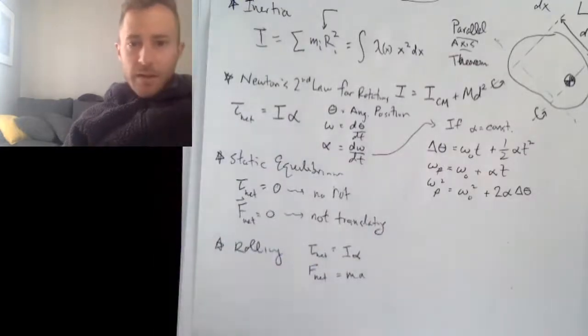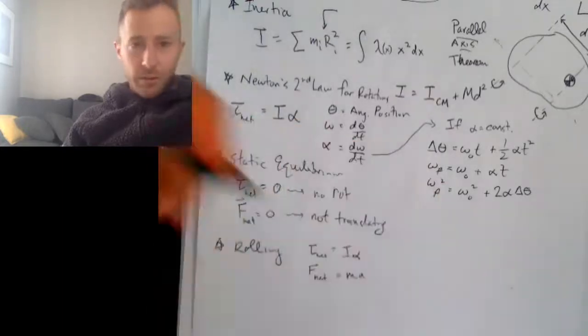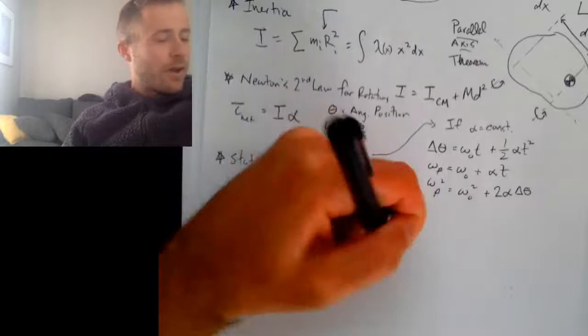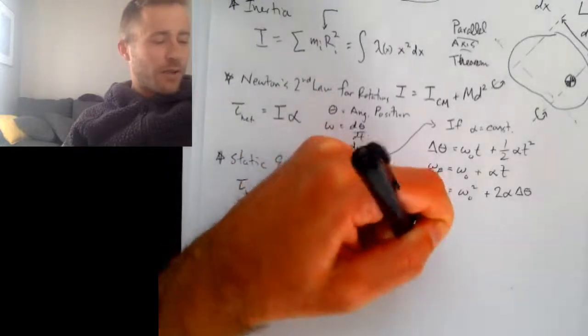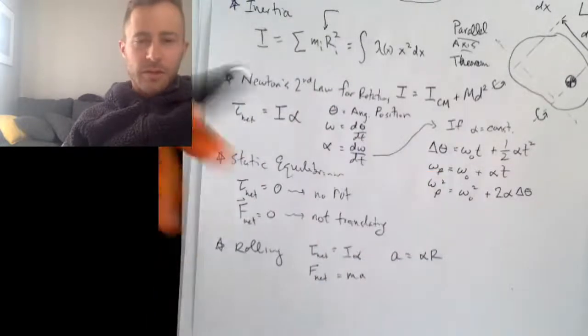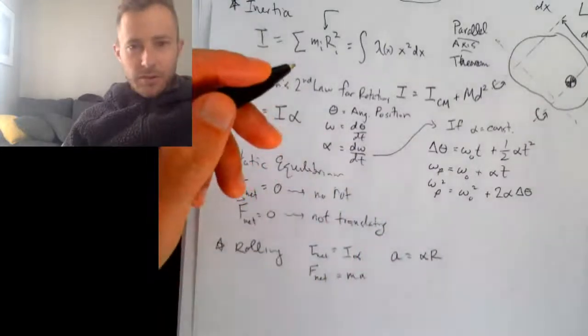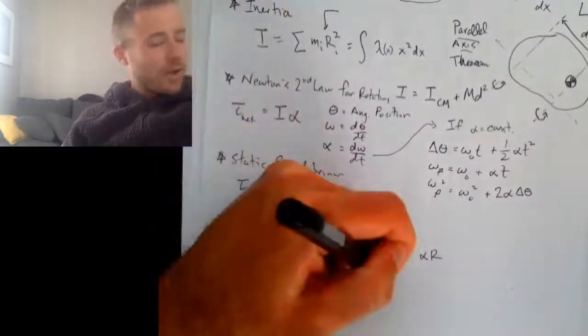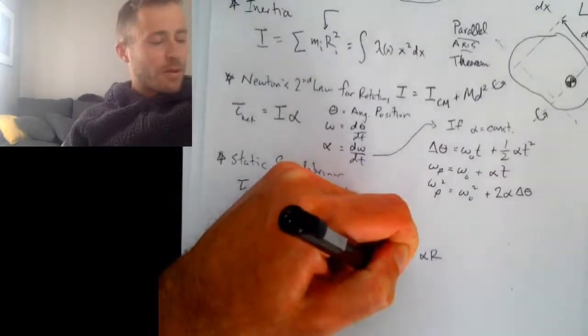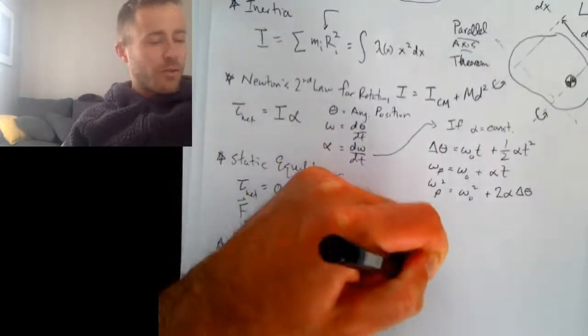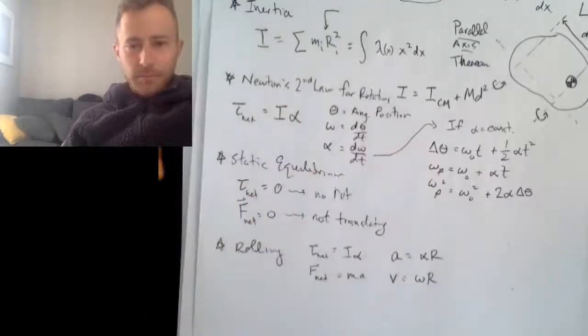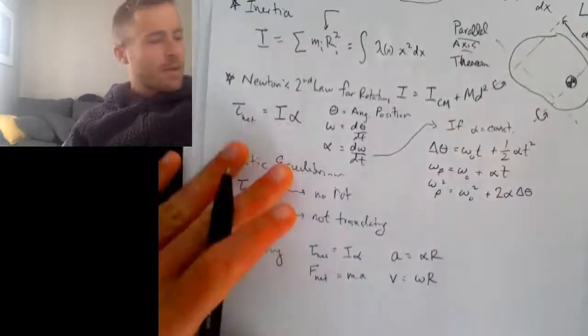All right? And then these two equations are related by the fact that if you are rolling without slipping, then you have a equals alpha times r. So the linear acceleration is related to the angular acceleration. Similarly, we also have speed equals omega times r.